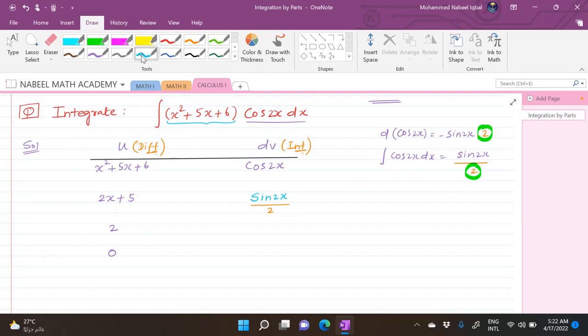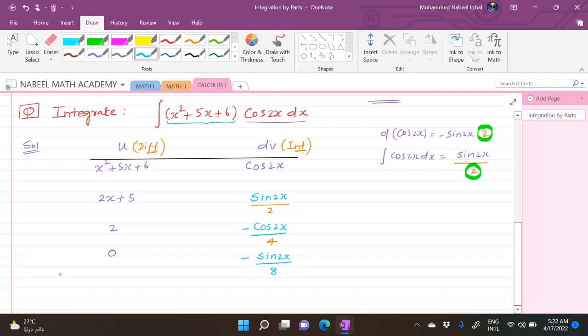Now if you integrate further, you will have minus cosine 2x over, already 2 is there, therefore 2 power 2, which is 4. Now again integration of this one, minus sine 2x over, multiplied by 2, you will have 8.